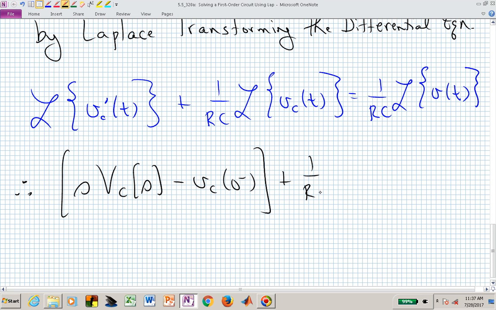Plus 1 over RC V sub c of s equals 1 over RC times the applied voltage waveform. We don't know yet what we've decided to use for little v of t, so let's assume we know its Laplace transform, capital V of s, when needed.